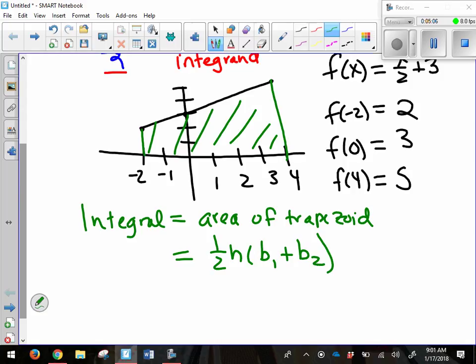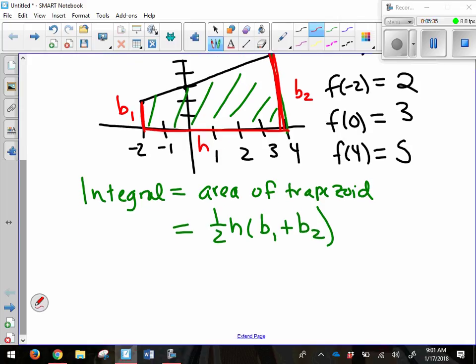Let's identify on our graph here. So this is going to be B1, because remember the bases are the sides that are parallel. This, even though it doesn't look parallel, is going to be B2. And then that distance between the bases is going to be H, which is going to be 6.